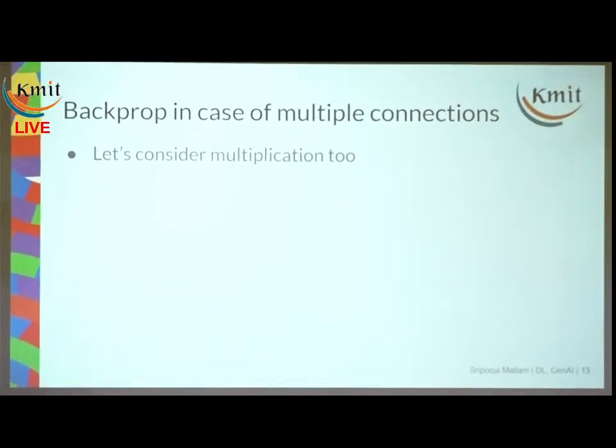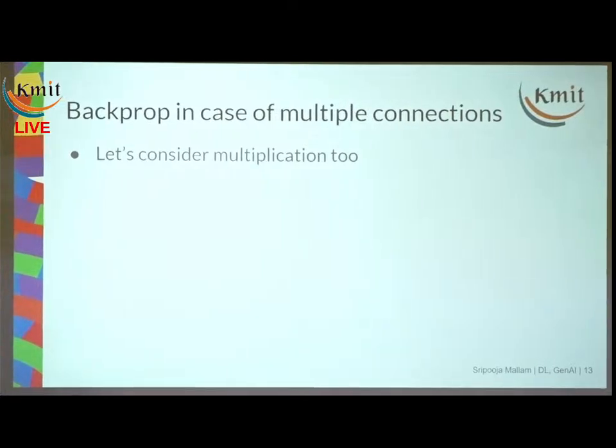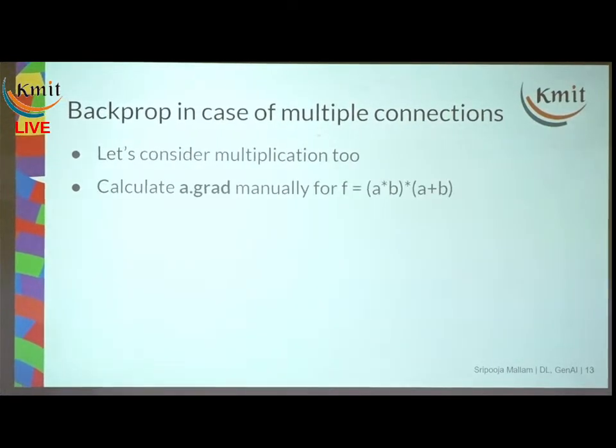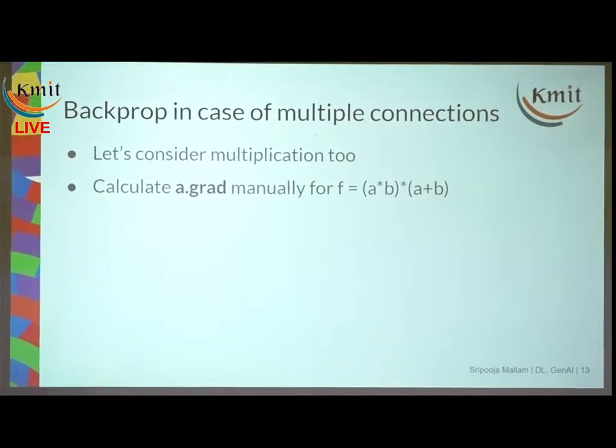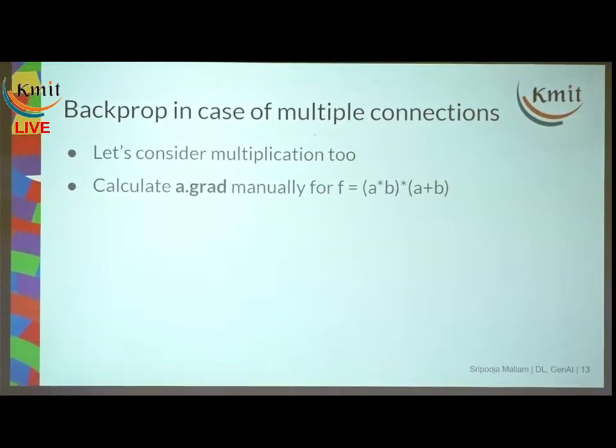For this I won't give you the code, but in theory I will explain how you should calculate and verify whether the code changes that you do are correct or not. So now we'll take a slightly more complex mathematical equation because I want to introduce multiple connections, and it should be easy for you to read and draw a parallel between the node graph and the mathematical equation.